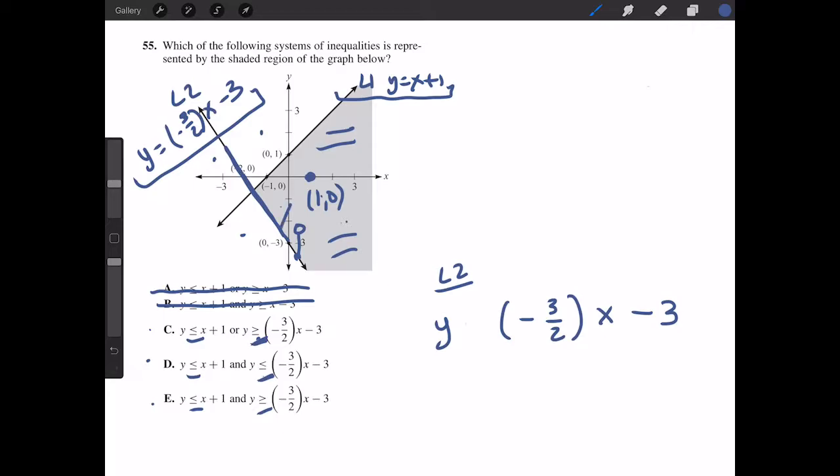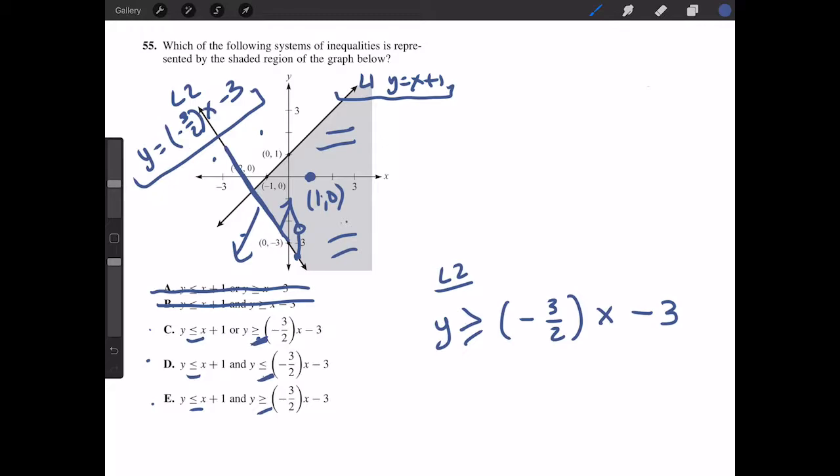If you're standing there, is the shaded region above the line or below the line? If it's above, it corresponds to a greater than symbol. If it's below, then it would be a less than symbol. We'll see why in a sec. In this case, because the shaded region is above line 2, you're going to go with greater than.